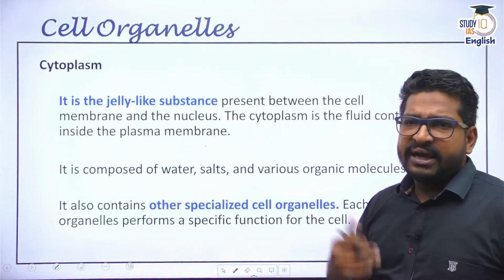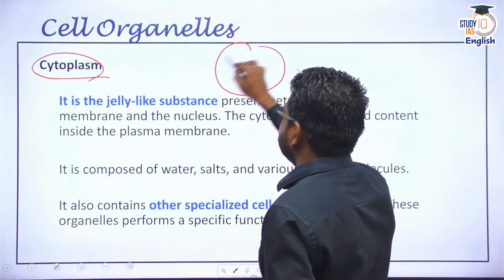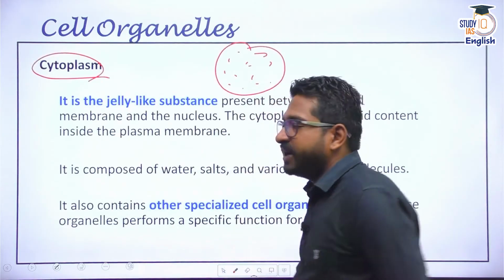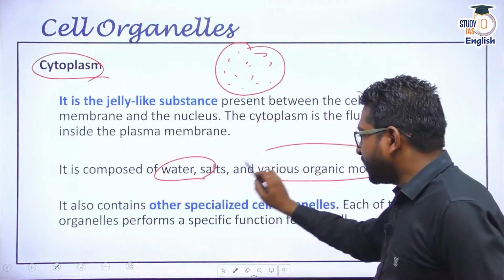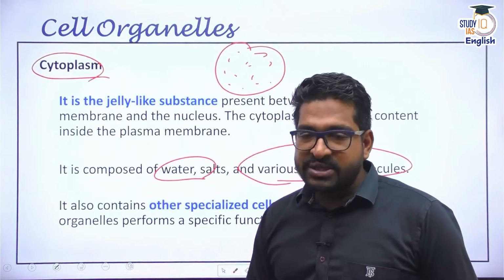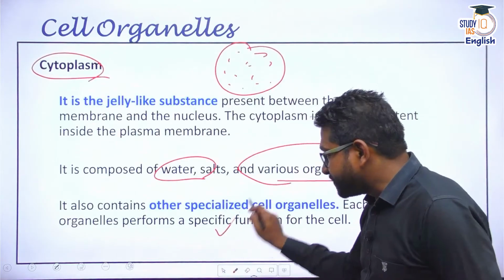Apart from that, every cell has cytoplasm. Now, this cytoplasm is a jelly-like structure. If this is a cell, there is a jelly-like structure inside the cell, which is composed of water, salts, and various other organic molecules. What is the job of this cytoplasm? This cytoplasm hosts or allows other cell organelles to perform their specific functions.